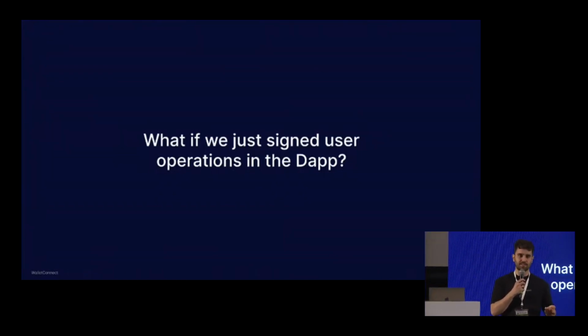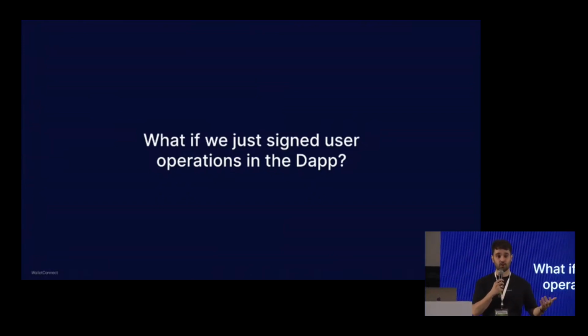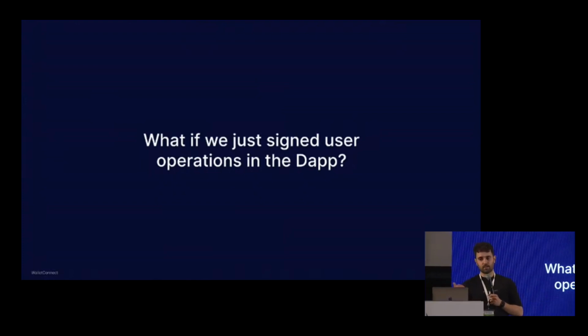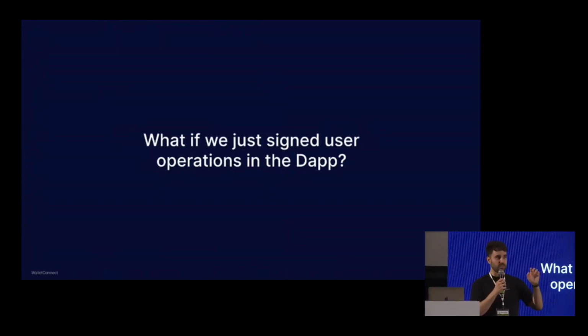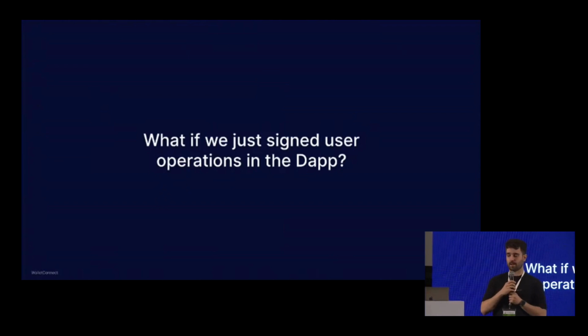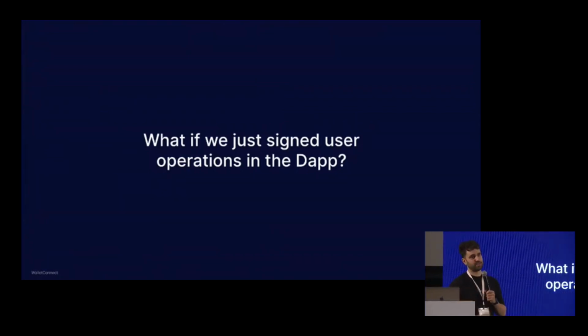But I do believe that to some extent we will have, maybe 5 years from now, the same experience as we have with traditional Web 2. And I think that would be possible if we take all of the work that we saw before with 4337 and Paymasters and User Operation Builder, and we sign everything inside of a dApp. But that's a very big task.